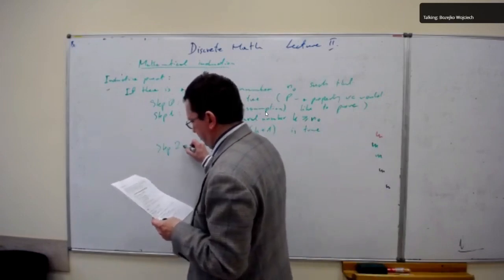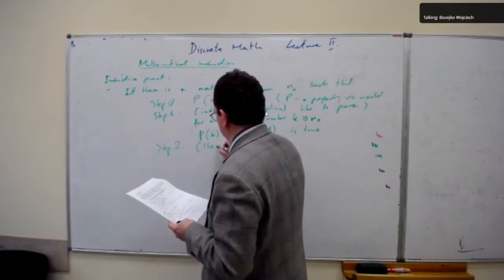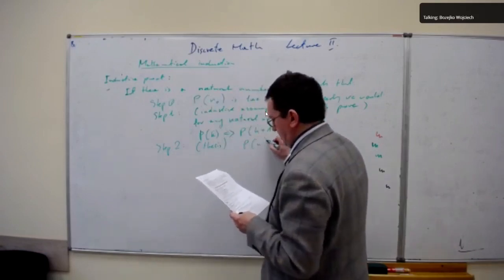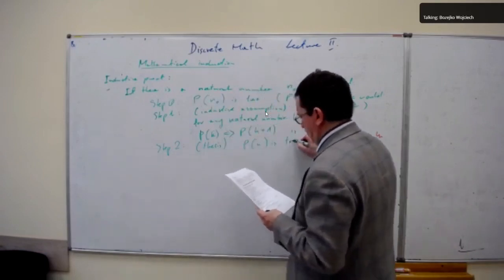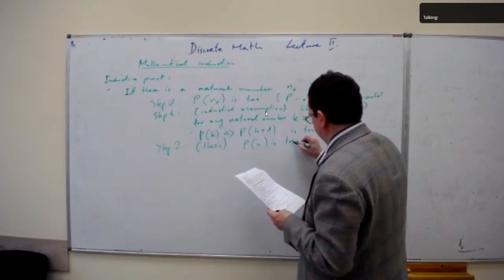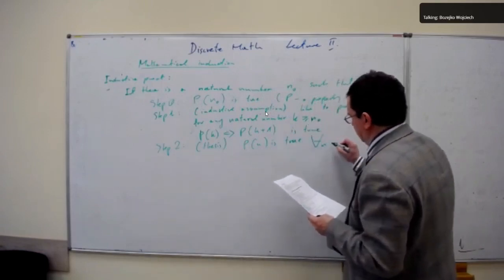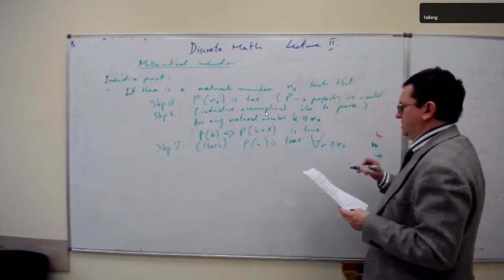Step 2. This is the so-called thesis: P(n) is true for all n greater or equal to n0.